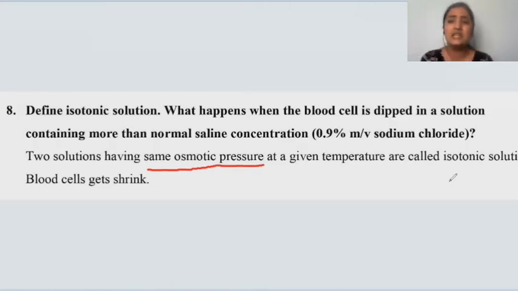When I was telling you about hypotonic, hypertonic and isotonic solutions, I used the word osmotic pressure. What is osmotic pressure? Osmotic pressure is the force which makes the solvent particles move from the solution.